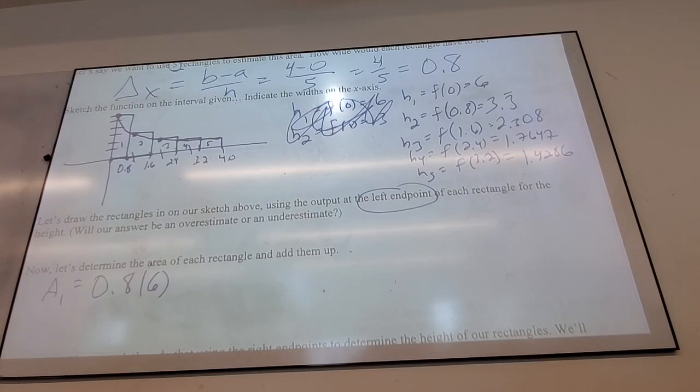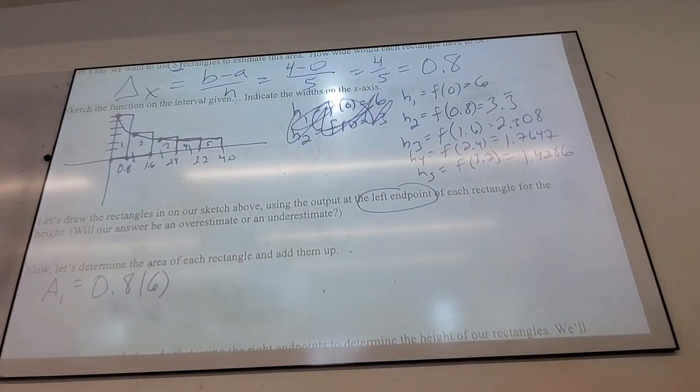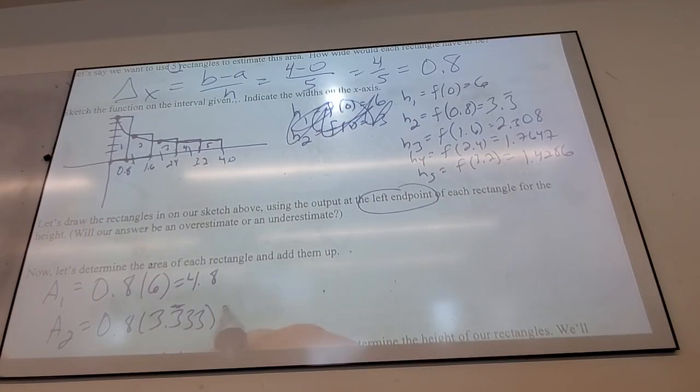What's 0.8 times 6? 4.8. I'm going to develop a shortcut here in a minute. What's the area of the second rectangle? 0.8 times 3.3333. Just put a few 3's in there.